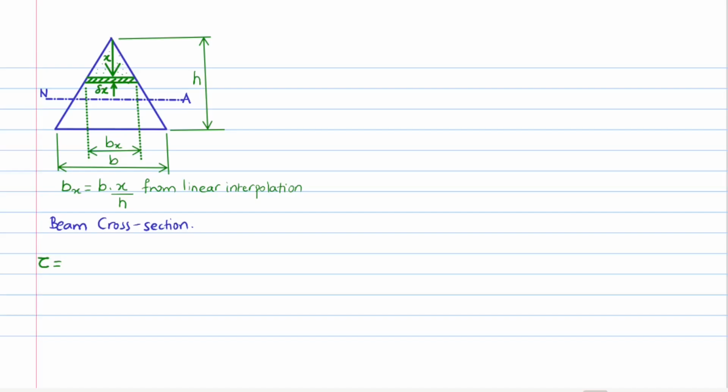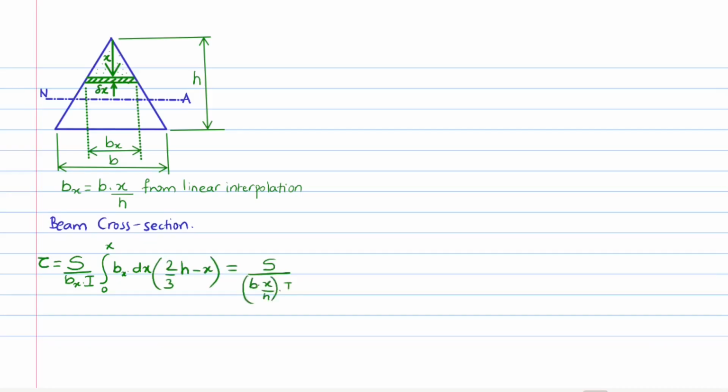Applying the general formula to find the shear stress at any arbitrary layer, we write the equation as tau is equal to S over b at x I times the integral of b at x times dx times the distance from the neutral axis, that is 2/3 of h minus x.